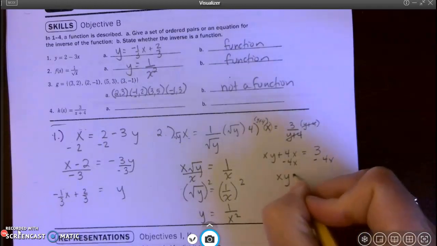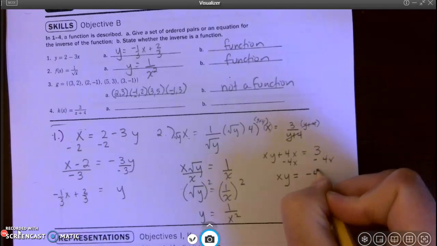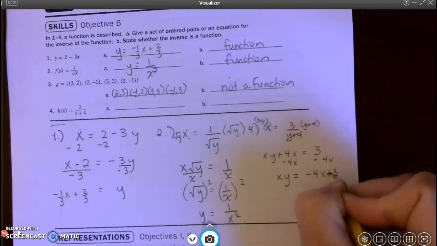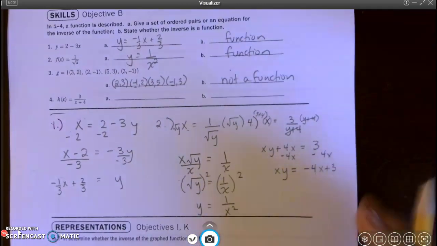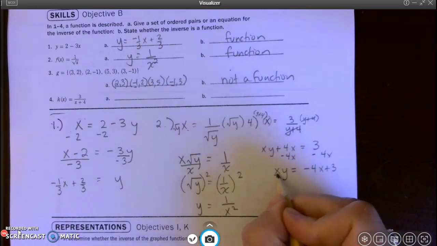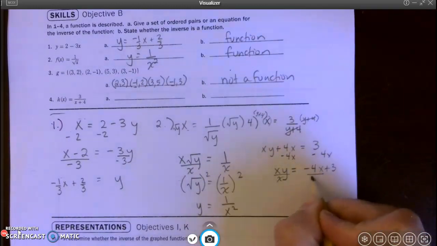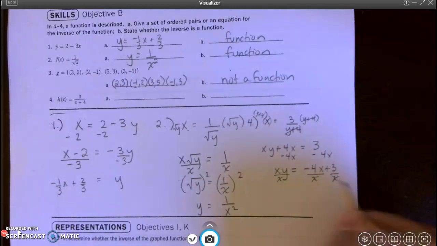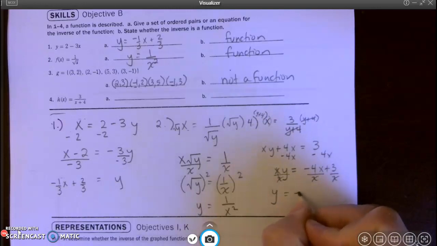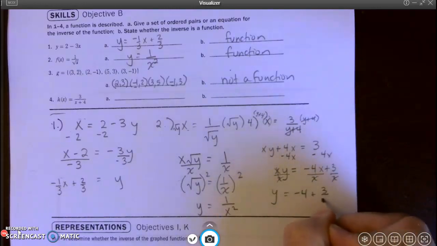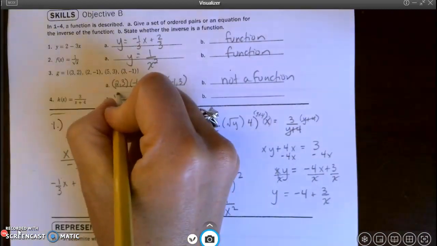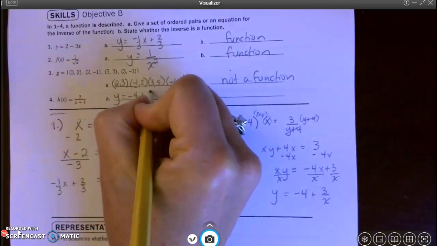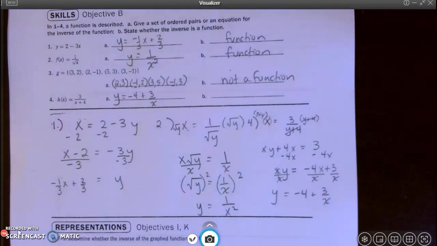So xy equals -4x plus 3. You can say 3 minus 4x. I just always put my variable first and then my constant. Solving for y, so I'm going to divide everything by x. So I get that y equals -4 plus 3 divided by x. Okay? So y equals -4 plus 3 divided by x.